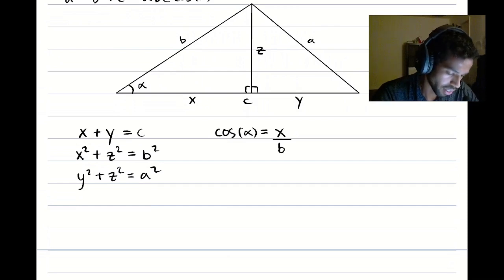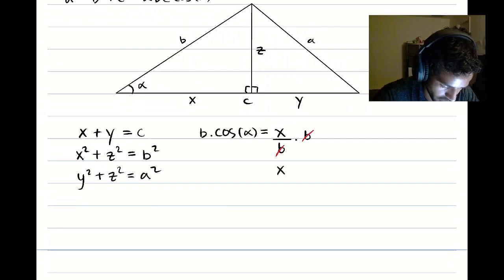Okay, so the first thing that I'm gonna do is isolate x here. So I'm gonna multiply both sides by b and cancel this one out. So we end up with x is equal to b cosine of alpha.